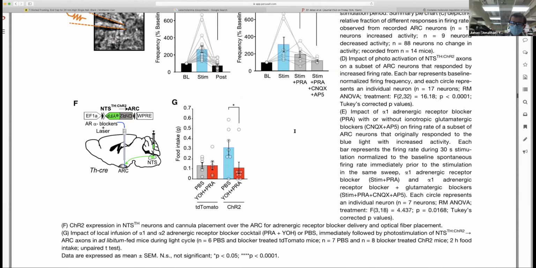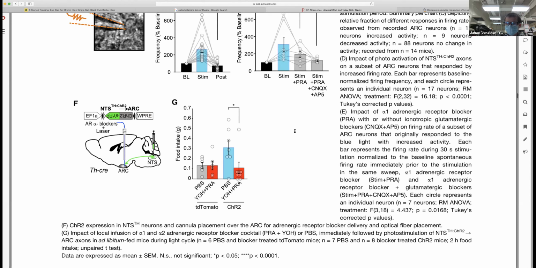So you would assume in F and G, upon the laser shining, there's still glutamatergic input to the ARC neurons, and ARC neurons do have the glutamatergic current, so they should increase. But it seems that the adrenergic receptor also plays a role there, because it completely blocks the NTS effects.